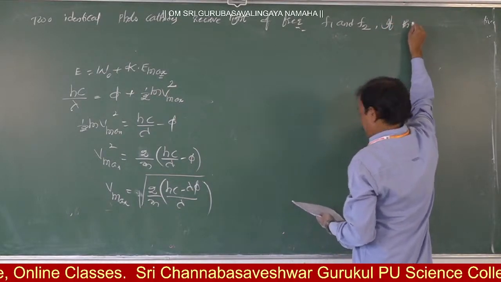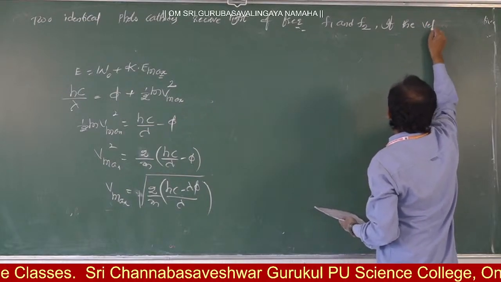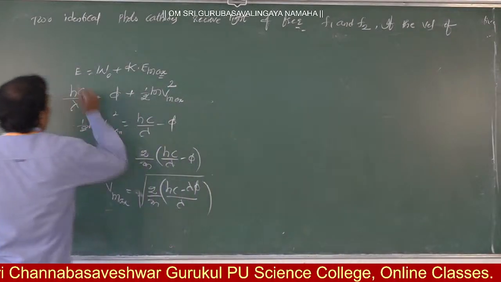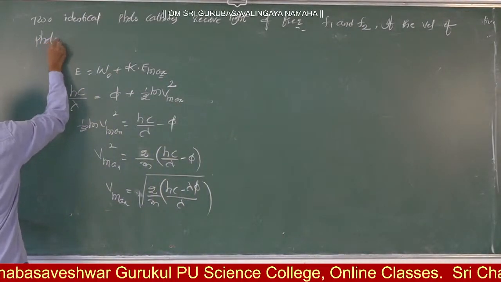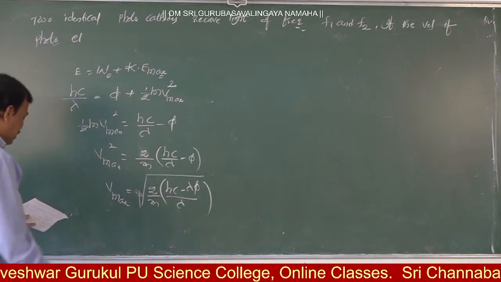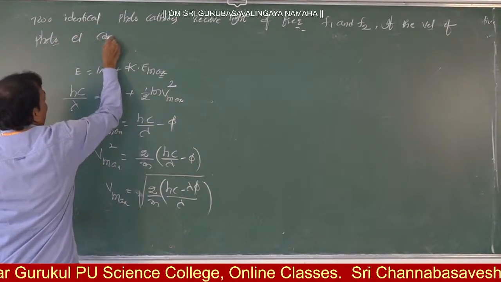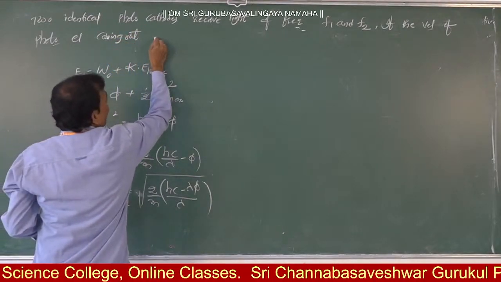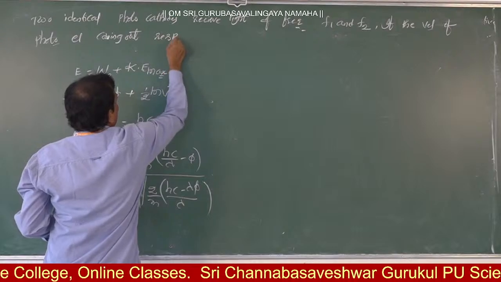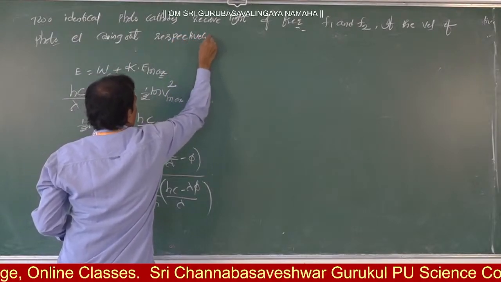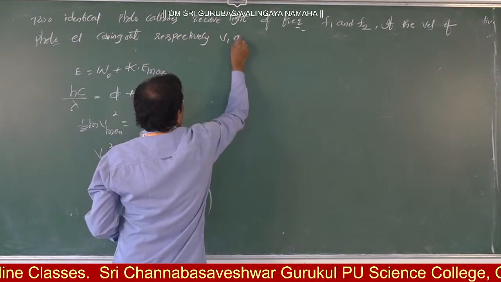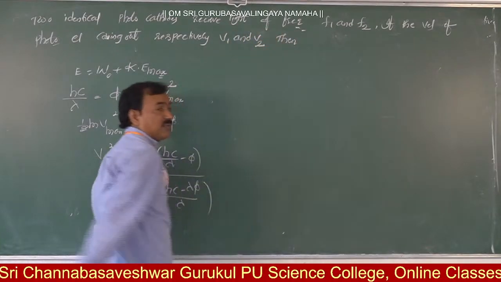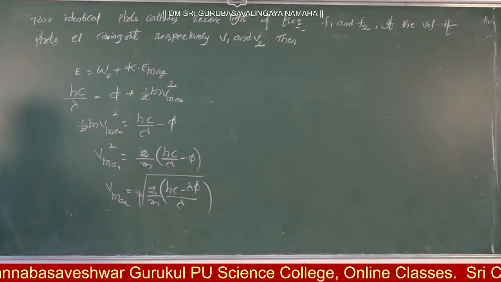If the velocity of photoelectrons coming out is respectively V1 and V2, then which of the following options is correct?